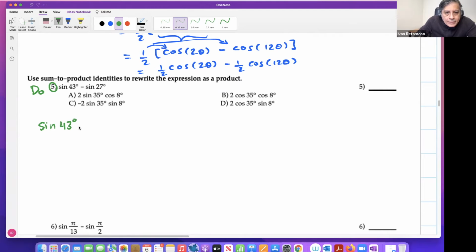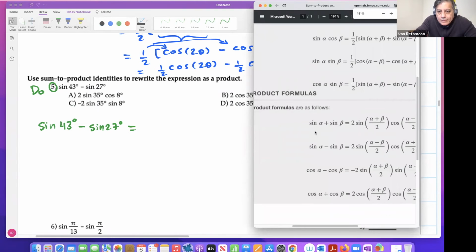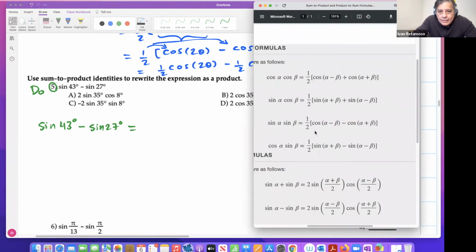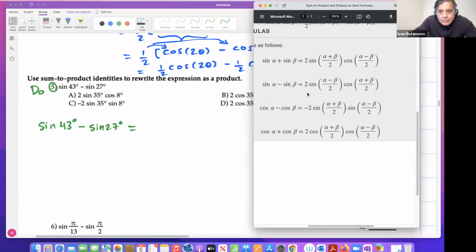Sine of 43 degrees minus sine of 27 degrees, right? Turn this into a product. And for that, I'm going to show you the formulas here for you to identify which one you have to use. We are using the second set of formulas, right? Look, sine minus sine. So you look for a formula that says sine minus sine. The second formula is saying that, right? So we're going to use the second formula, okay? Yeah, try.